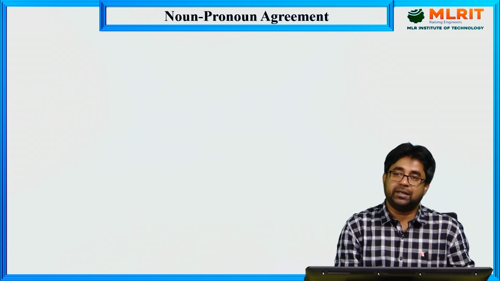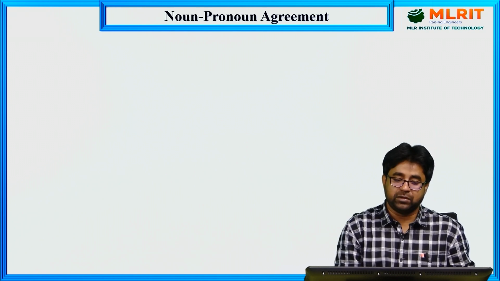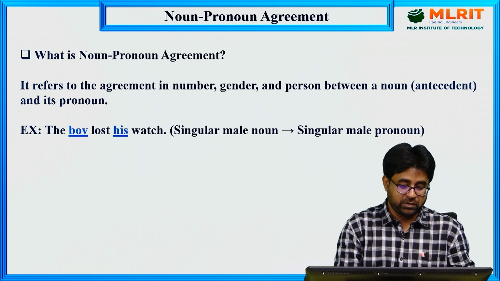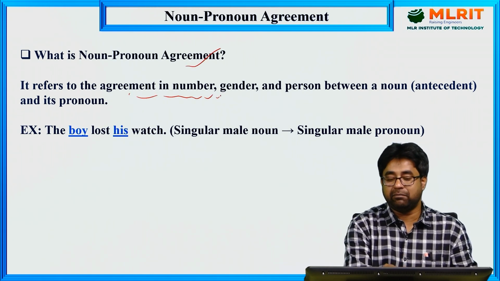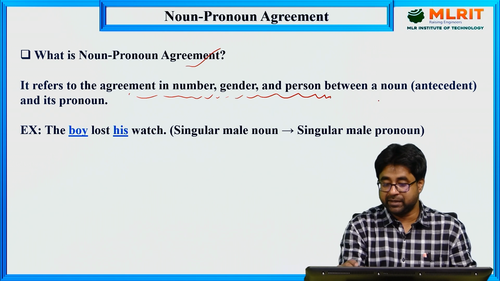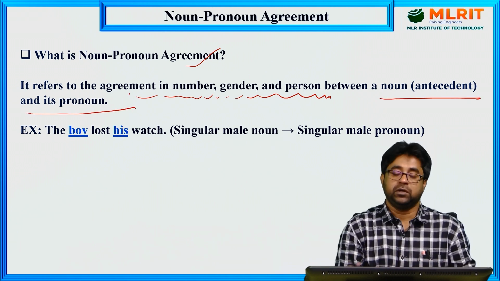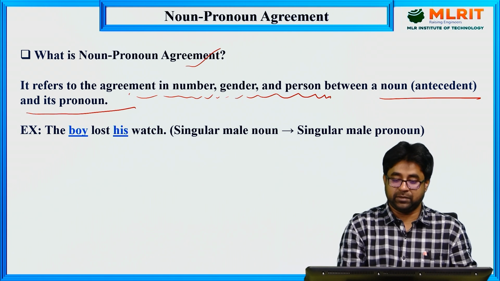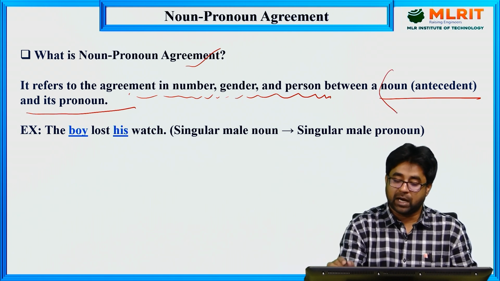So if you remember subject-verb agreement, it is the same case here also, noun-pronoun agreement. You can see what noun-pronoun agreement is. It refers to the agreement in number, gender, and person between a noun and its pronoun. So there are two parts in this concept. One thing is, obviously, the agreement should be between noun and pronoun.